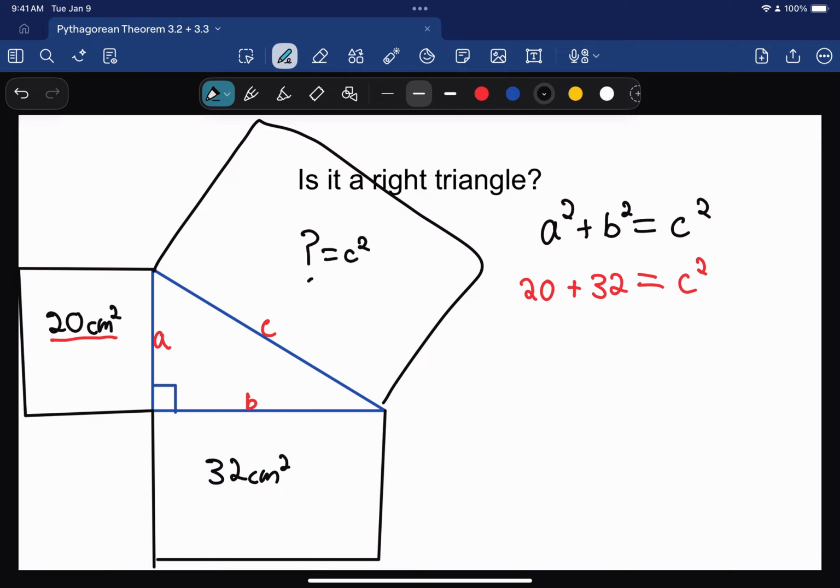So to figure out c squared, we simply add these two together, and c squared in this case would equal 20 plus 32, which is 52. So that would mean that this area here is 52 centimeters squared.